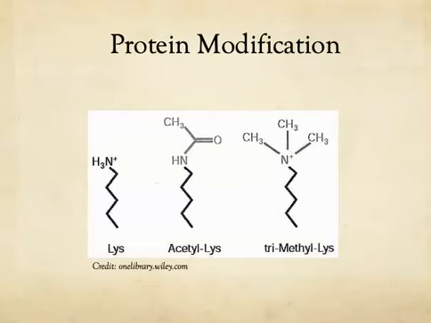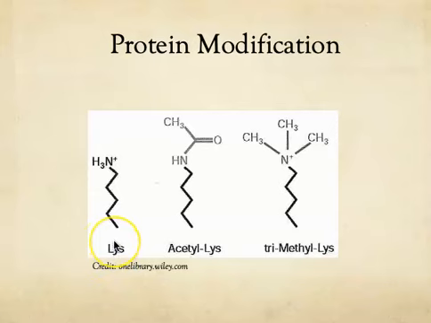On this slide, we're looking at how an individual amino acid can be modified through the addition of small chemical groups. In the drawing on the left-hand side, you can see the amino acid lysine. You're not looking at the entire amino acid here, just the R group.